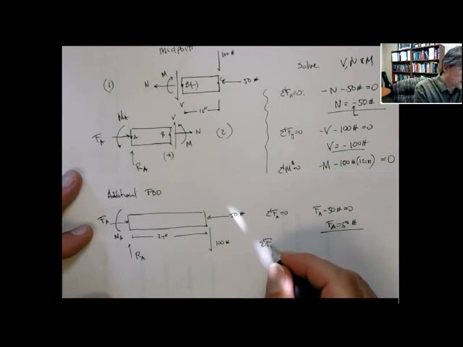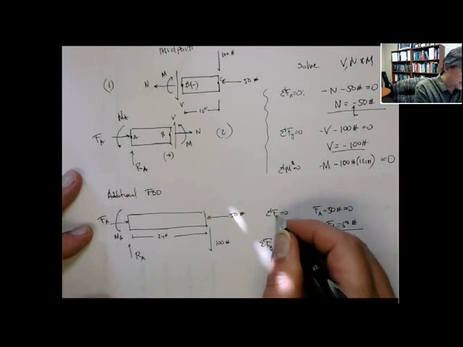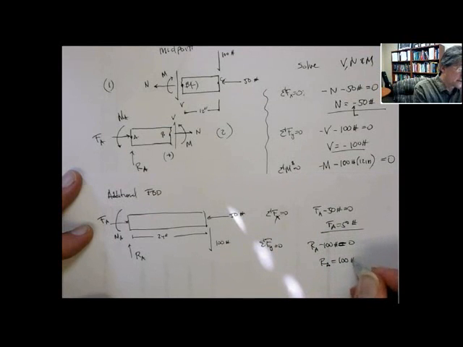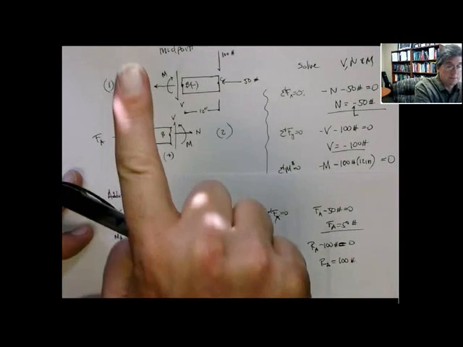Sum of forces in the y direction equal to 0 gives me Ra minus 100 pounds equals 0. Ra is equal to 100 pounds, so it's 100 pounds going up.